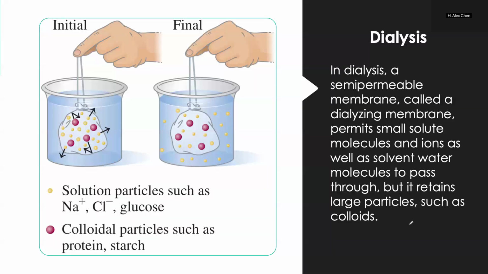And finally, the other application is called dialysis. Dialysis is when a semi-permeable membrane permits small solute particles, ions, and water to pass through, but retains larger particles such as colloids. What is a colloid? Larger particles such as DNA and protein are examples of colloids.